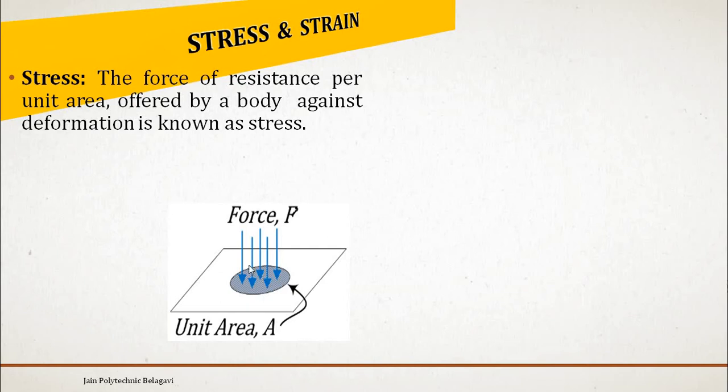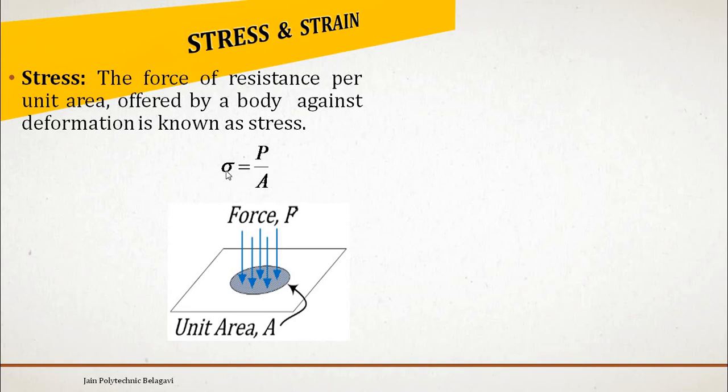So over that unit area the force is applied, and that force is going to develop a stress on this surface of unit area. So it is said to be sigma is equal to P by A.